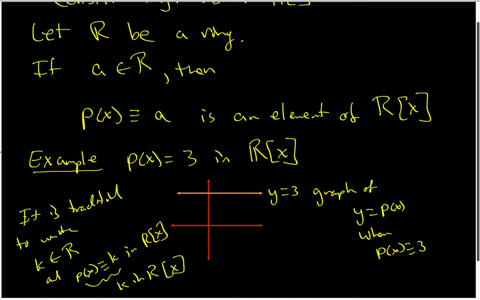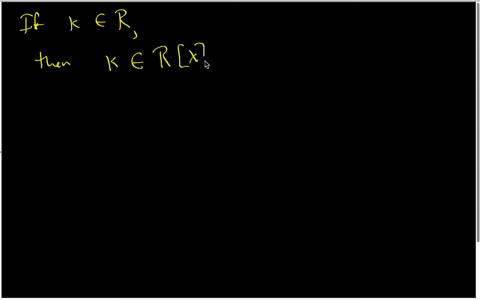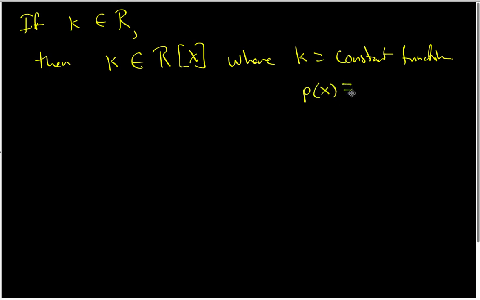And I want to think about what that actually means for just a minute. In other words, if k is inside R, then k can also be thought of as being inside R[x], where this k represents a constant function. In other words, it represents the function p(x) identically equal to k.